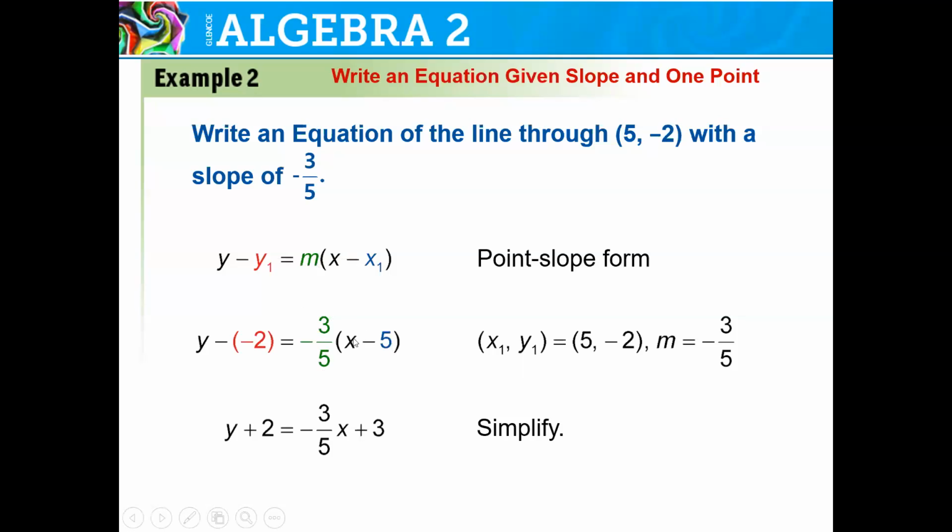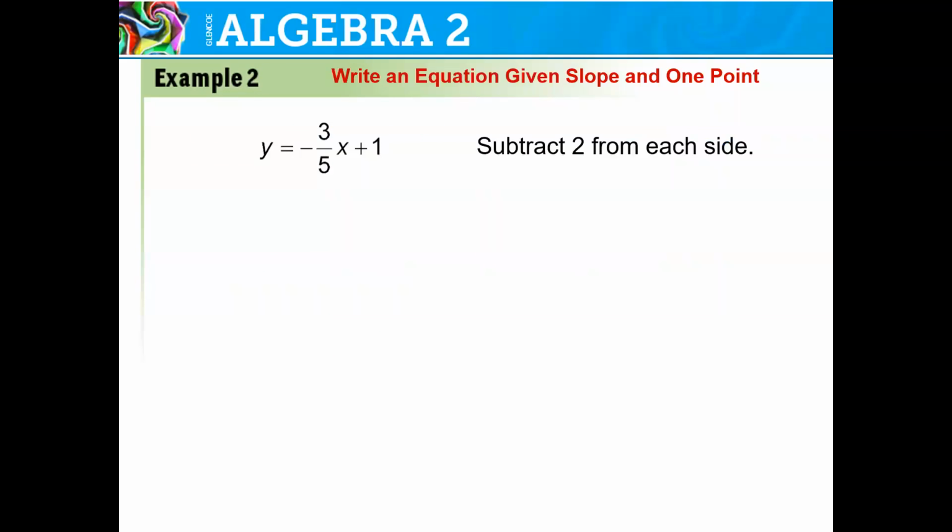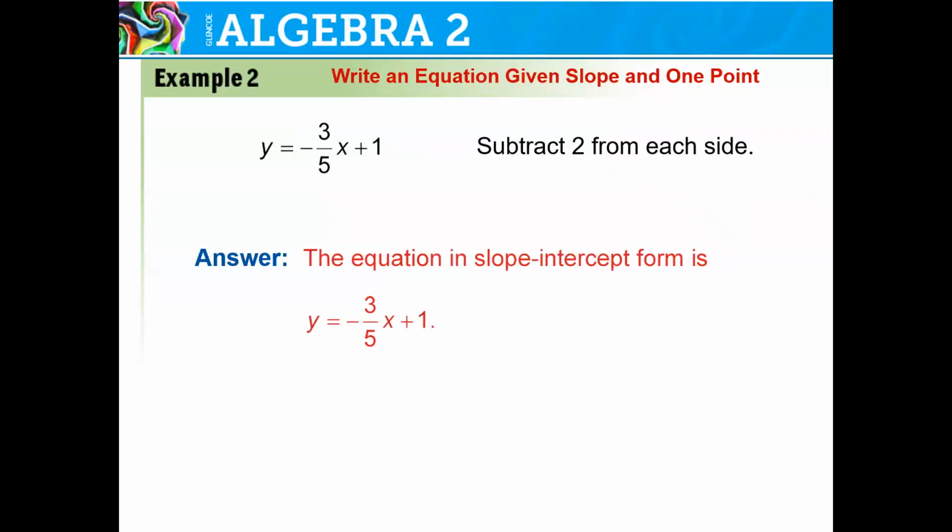So -3/5 times x, -3/5 times a -5. That does give you -3/5 x plus 3. Now we have to isolate the y value. So we subtracted 2 from each side. So now we have y equals -3/5 x plus 1. And that is the equation.